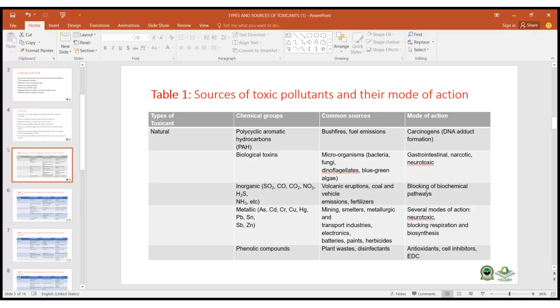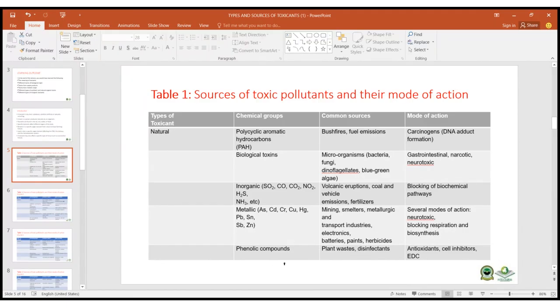So the mode of action is that they block biochemical pathways. And then we have some toxins that are metallic. You find them when you do mining. Those who do mining and smelting and metallurgical, and even the transport industries, electronics, batteries, paints, herbicides, all these are sources of toxins, and their mode of action is that they can block the respiratory system as well as the biosynthetic system.